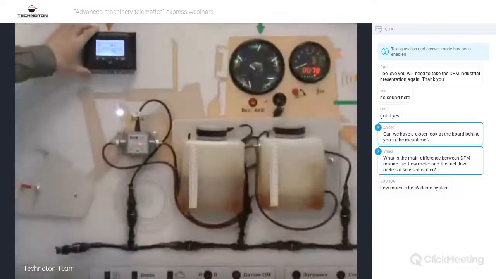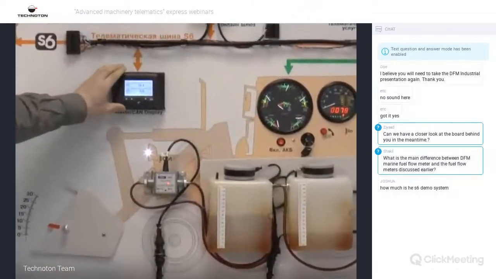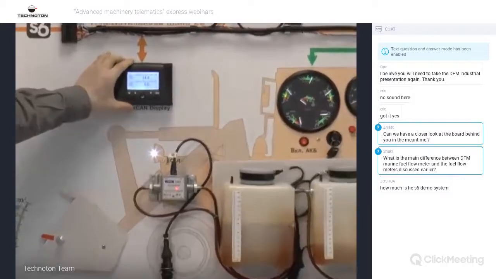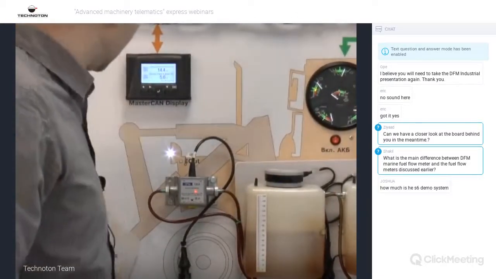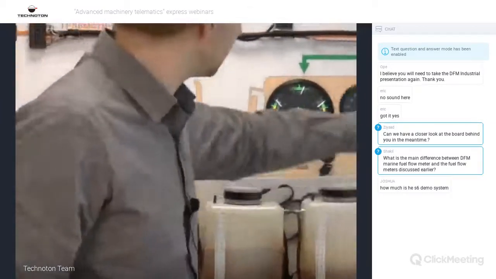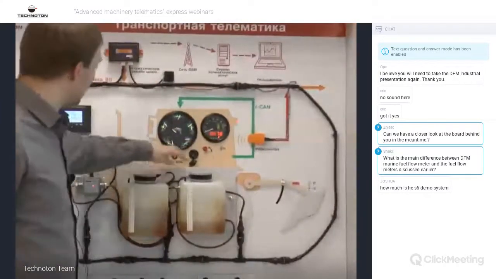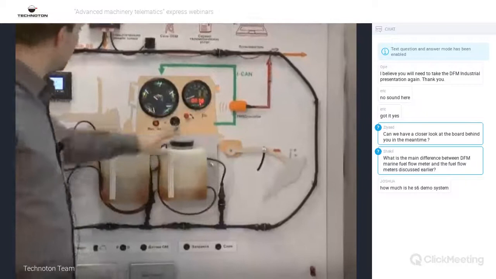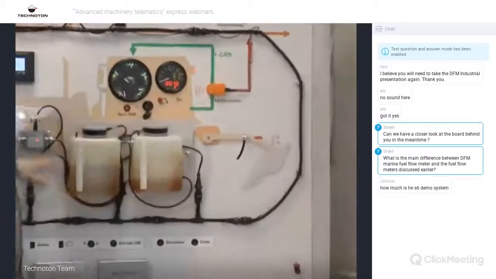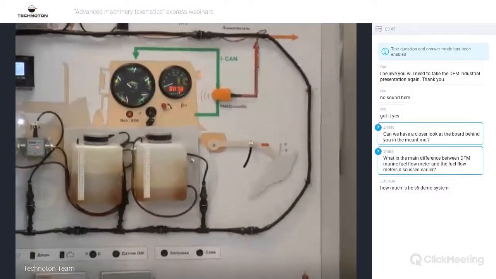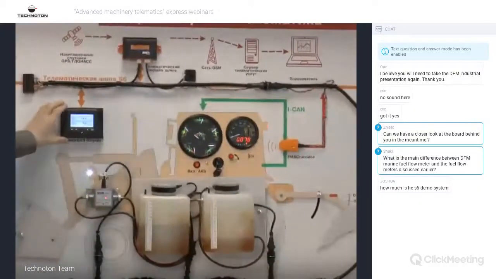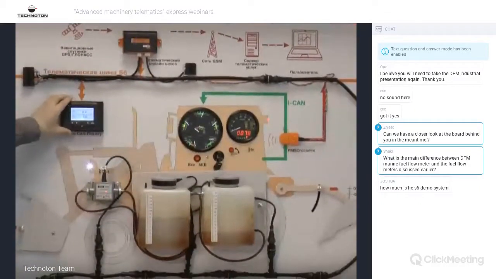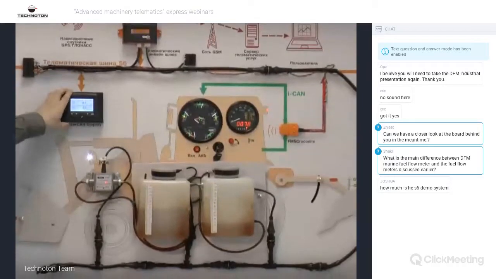At the same time, we can have different parameters displayed on this screen, and all the info that is running in the system, fuel level from these tanks, CAN bus data available here can be transmitted further to the server and also can be displayed on this screen.